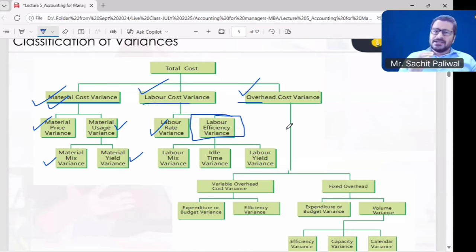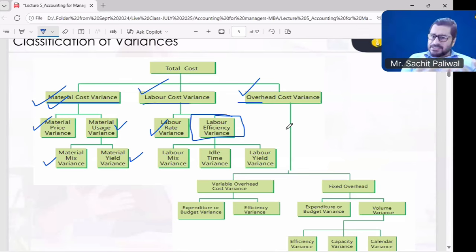If you cross the standard, then it is an unfavorable situation. Because if you decided the cost of the mobile at 100, but you manufactured at 110, it is not good. It is unfavorable.